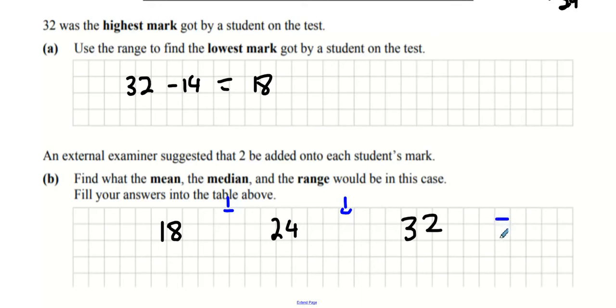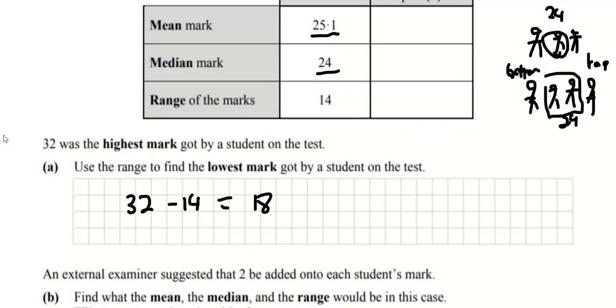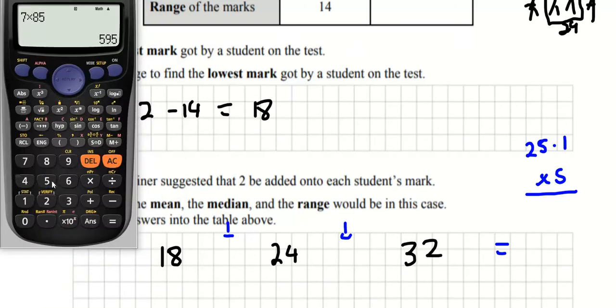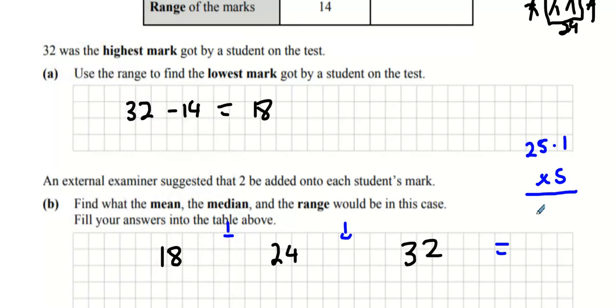That will give me a total of, if the mean is 25.1 and I have 5 people, so what's 5 times 25.1? 5 times 25.1 is 125.5.